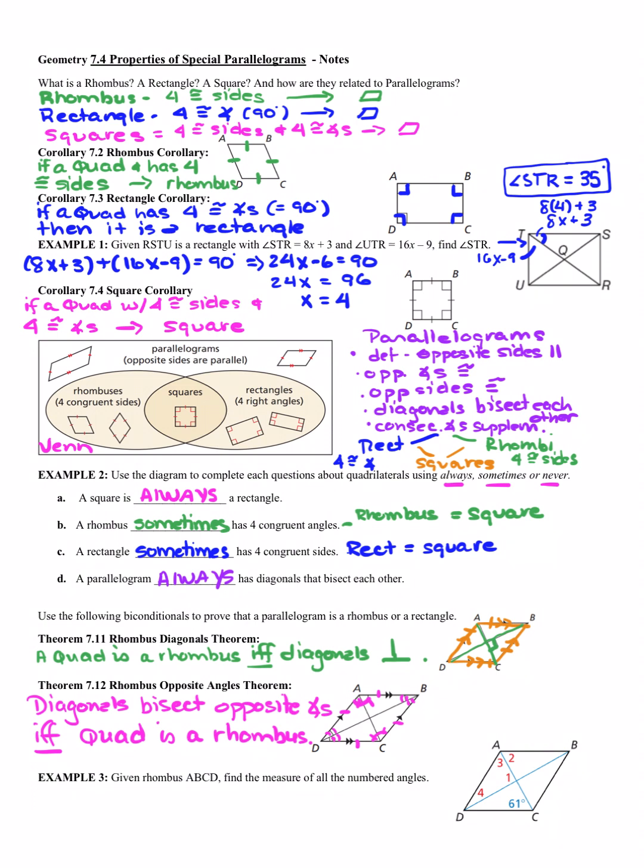So down below here, given rhombus ABCD, find the measure of all the numbered angles. Right off the bat, we know angle 1, and again, you might want to pause the video and try this on your own, and then start it up to see if you got it right. We know that angle 1 is 90 degrees because diagonals are perpendicular.